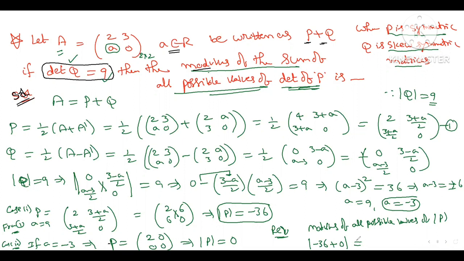How much value here? Minus 36 plus 0 modulus is plus 36. The answer is 36.